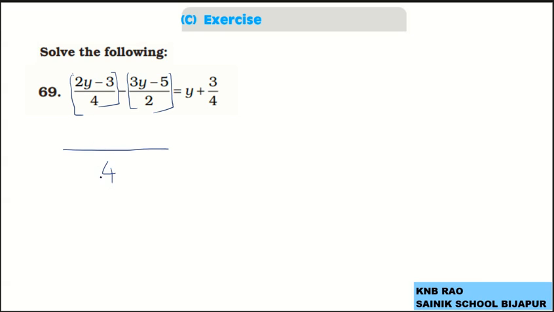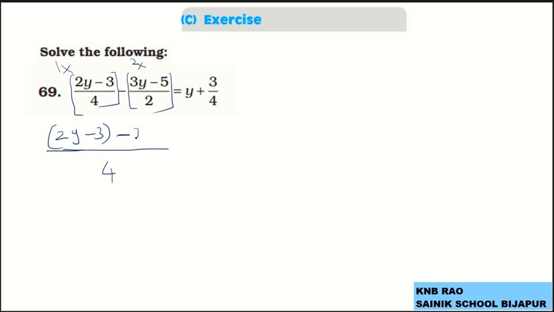So, 4 and 2's LCM is 4. 2y minus 3 comes as it is, because 4 in 4 is once, so the numerator gets multiplied by 1 as it is the same, minus this 2 in this 4 is twice. So now this numerator 3y minus 5 is multiplied by 2.